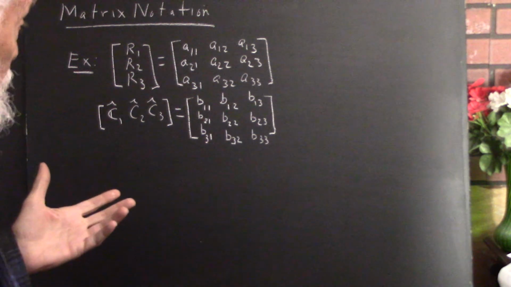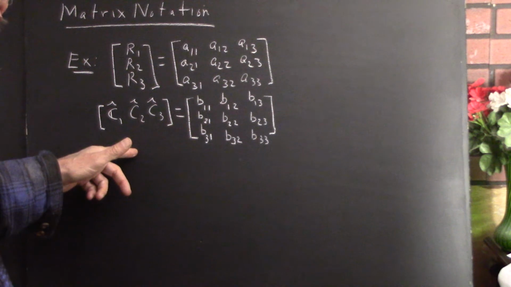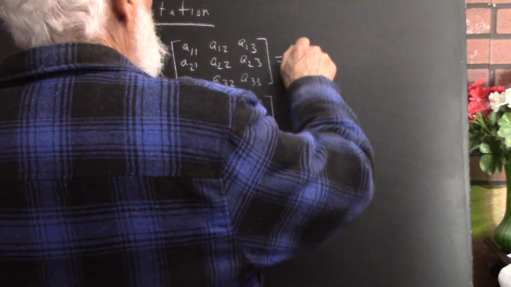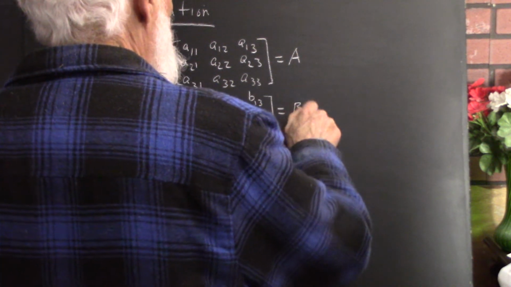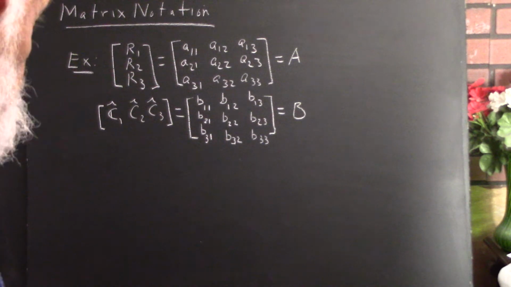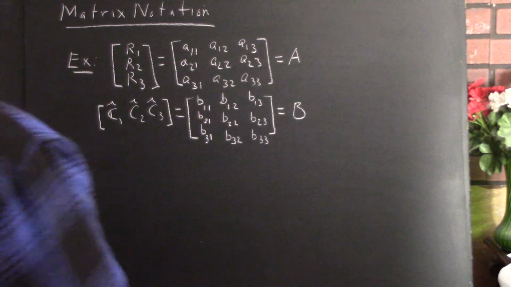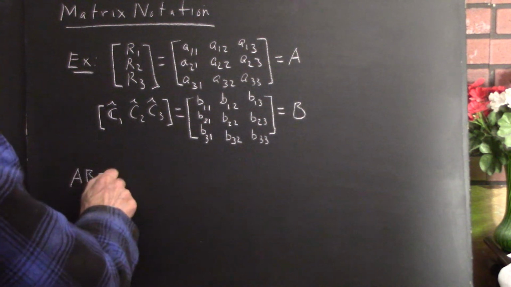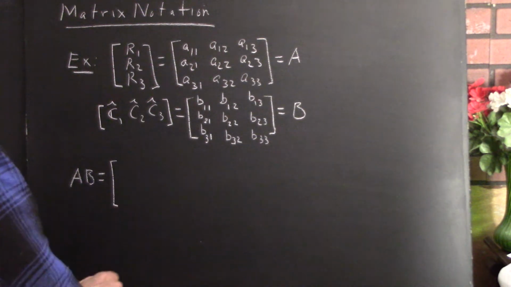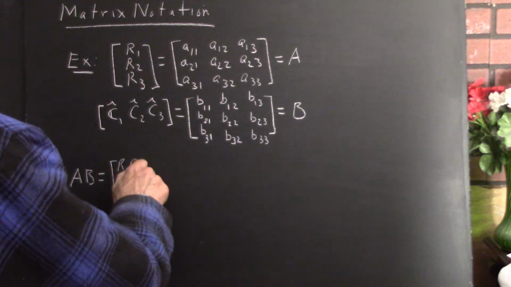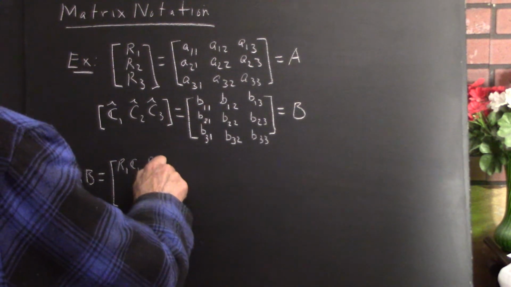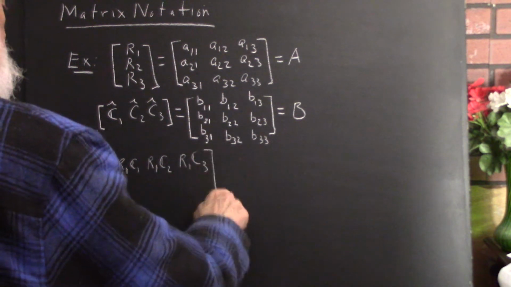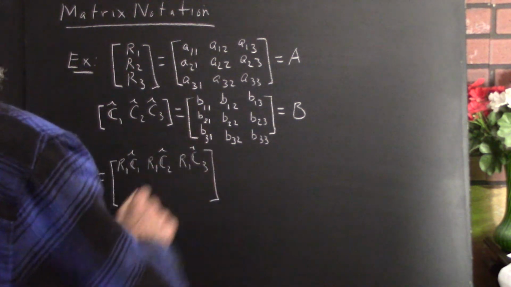Now, if I want to multiply these matrices, let's give these matrices names. Let's call this matrix A, and let's call this matrix B. A times B is, well, row 1, column 1, row 1, column 2, row 1, column 3, as we saw previously, and put the hats on the columns.